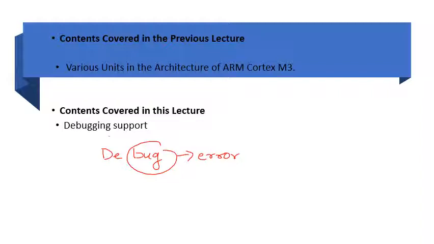If you are able to overcome that error, that is called debug. There will be two kinds of approaches: one is software, another is hardware. We shall discuss here the available options which the Cortex M3 supports.